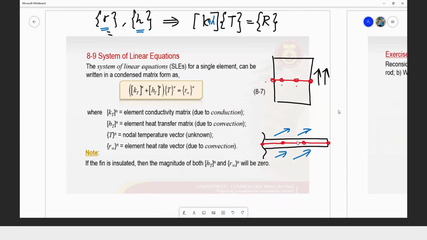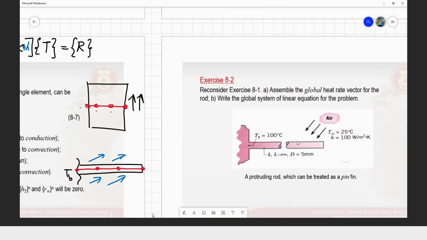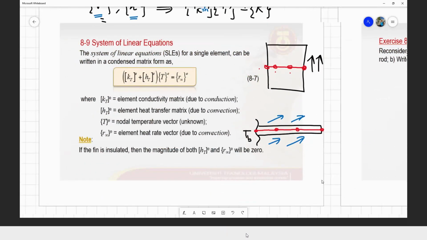But we have one condition, which is that on the surface that is attached to the main component, we know the temperature there. So that we will see later, in how we deal with these field problems in terms of their boundary conditions. Any questions so far?